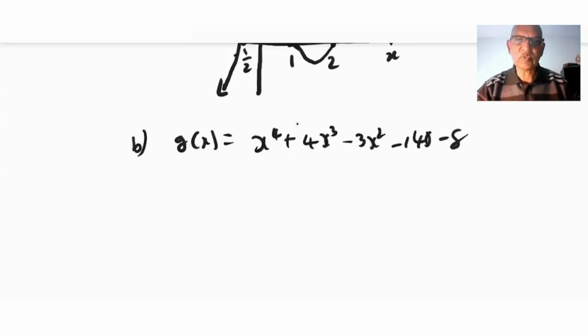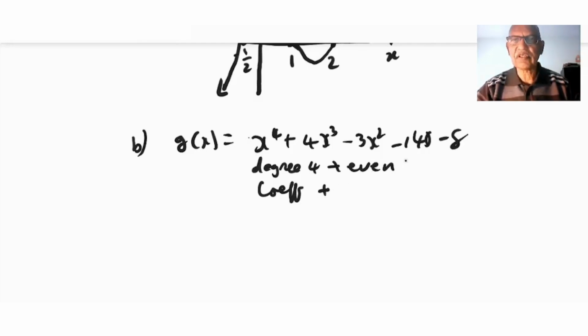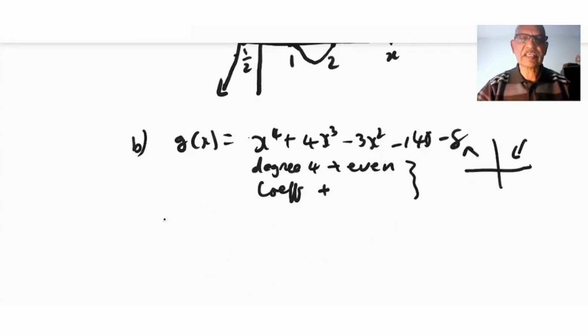I see the term with the highest degree, so the degree is 4, which is even. And the coefficient of the term with the highest degree is 1, which is positive. Therefore, I expect my graph to go from the first quadrant to the second quadrant. So the first thing I do is factor.